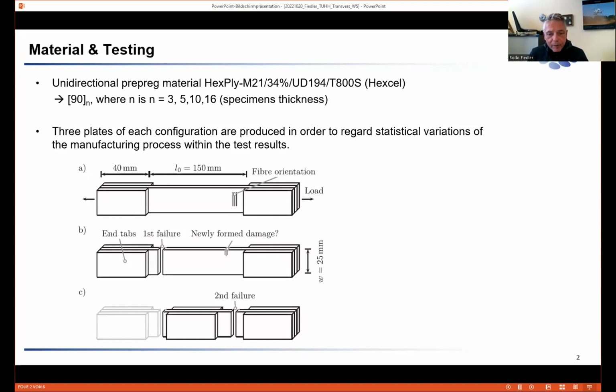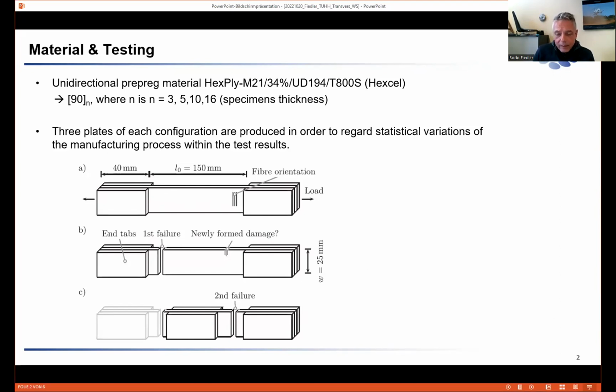We made 3 plates from each configuration, and then cut the specimens with a very precise diamond cutter. The idea for this test was, you see here, it's a little bit shorter. The length is 150 millimeters, the free length, the gauge length. This is a test when we started: 90-degree transverse strength, tensile load.